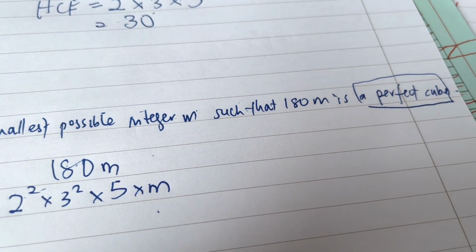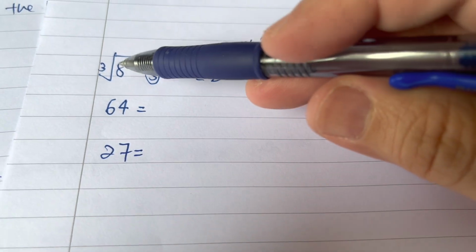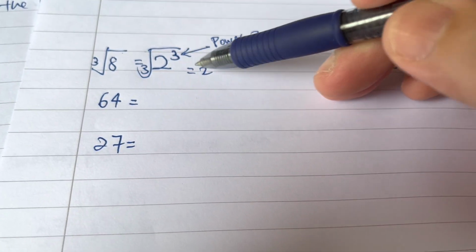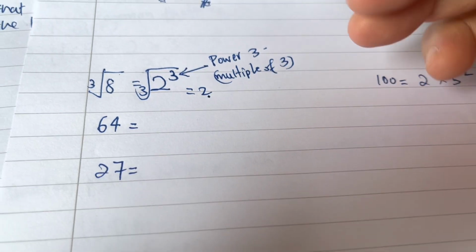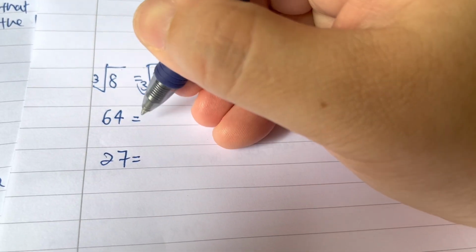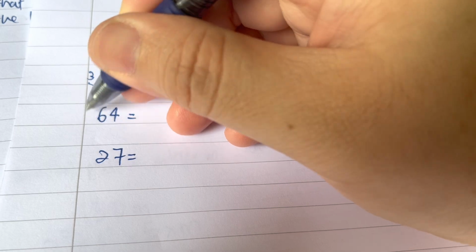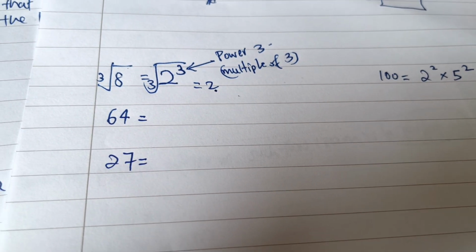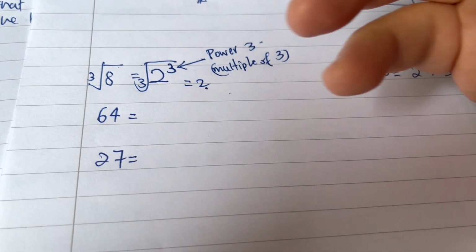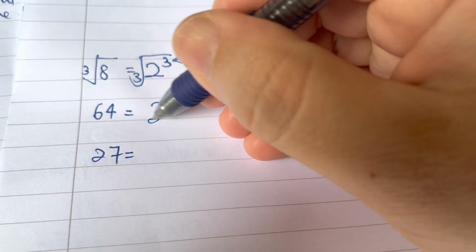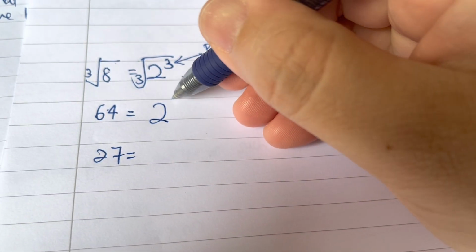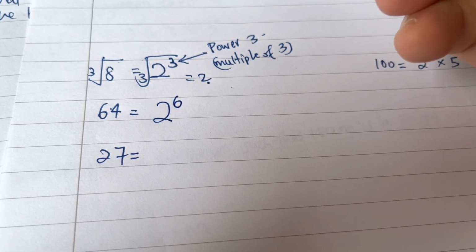So 8 is a perfect cube because when I cube root it, it becomes a very nice integer. Now is 64 a perfect cube? When you cube root 64, you will get 4. So 64 is a perfect cube. When I change this to its product of prime factors, I get 2 to the power of 6.